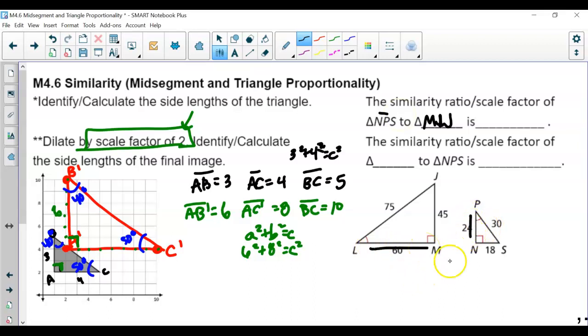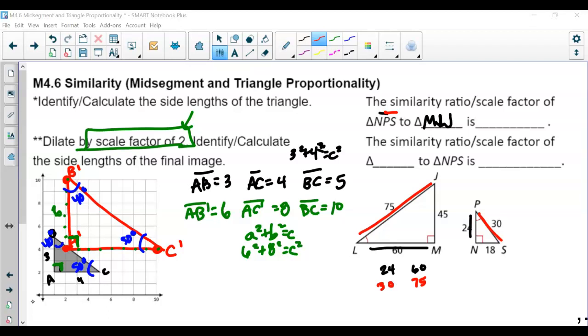So this is saying we are going from 24 to 60, right? We're going 24 to 60. So then another side length, right? Well, PS, 30, is corresponding to LJ, 75. So now notice, what is the similarity factor? Go ahead, pause the video, and go both directions to identify the scale factor.